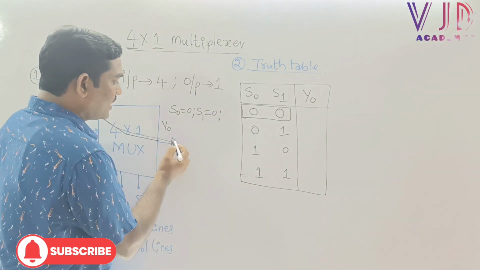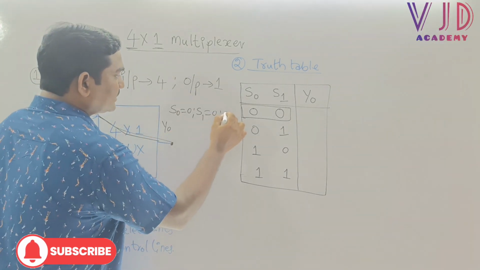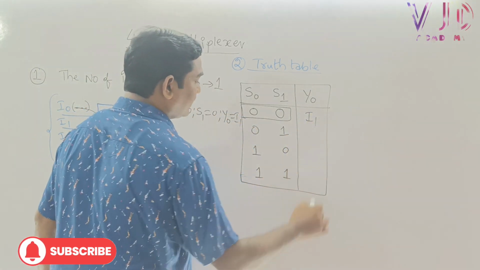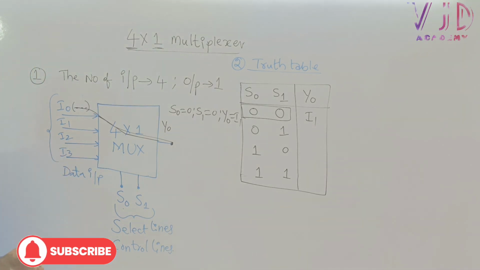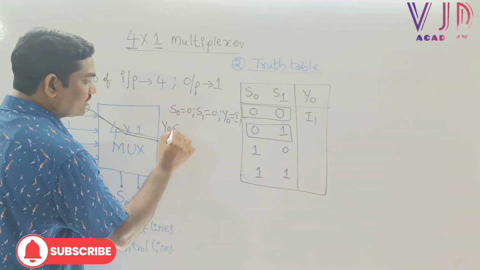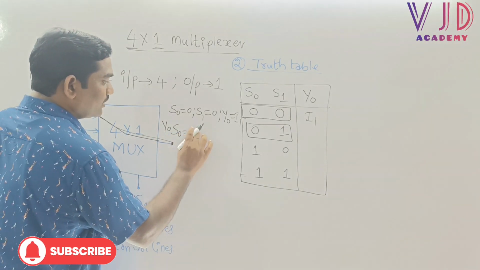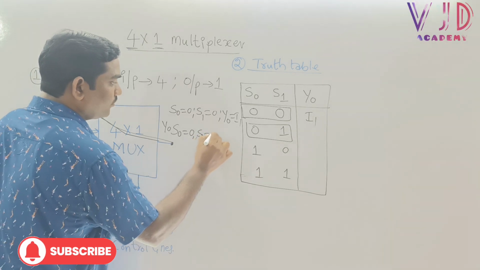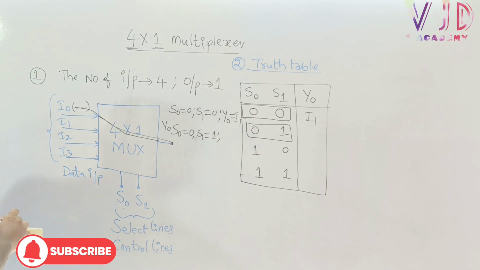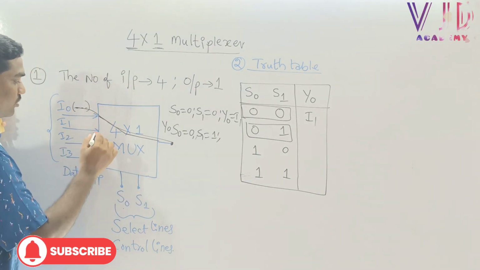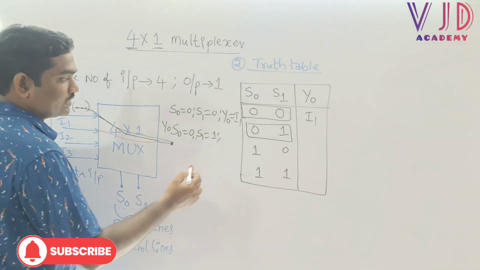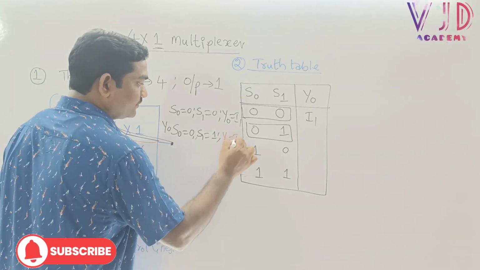We can write Y0 equal to I0. Now when we apply 0 1 as inputs, which means S0 equal to 0 and S1 equal to 1, automatically I1 will be connected to Y0, so Y0 equal to I1.